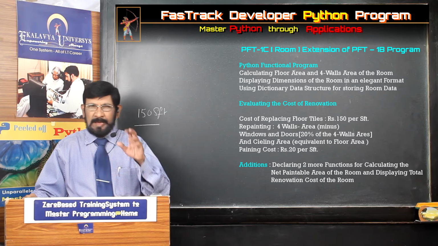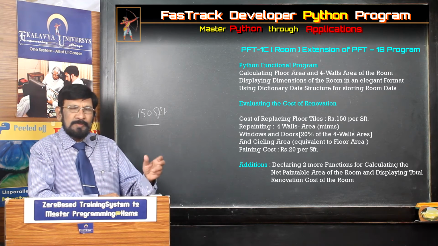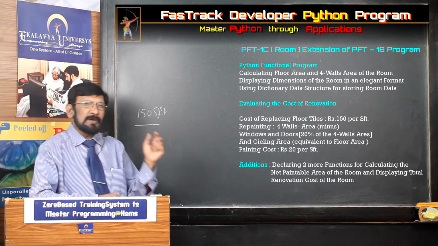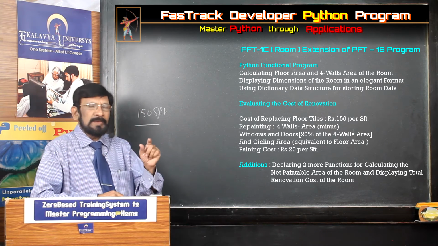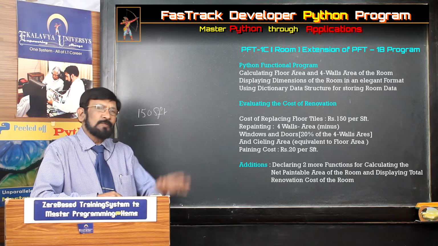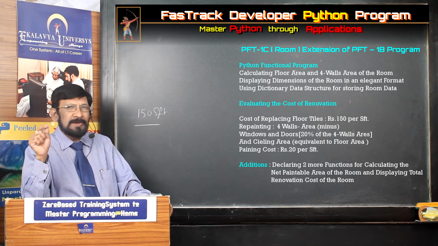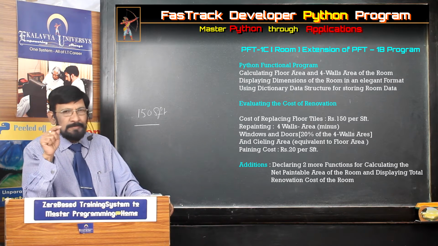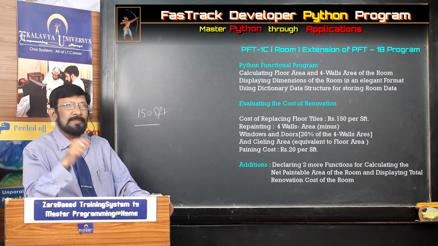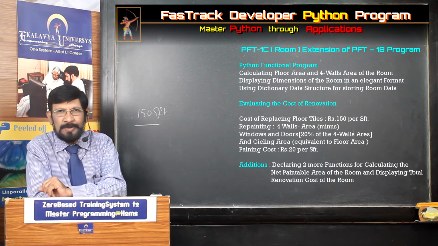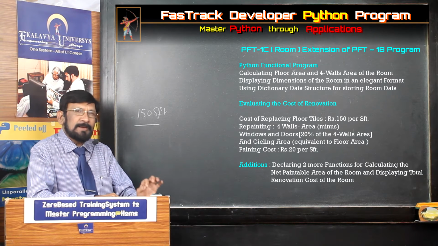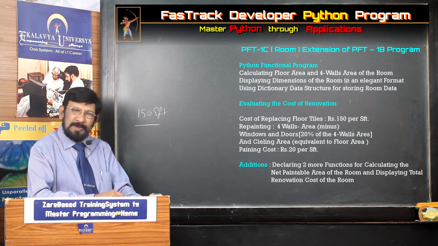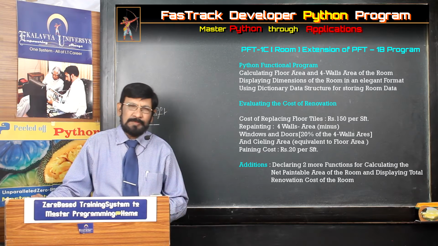For that, I don't want to give you a burden. 20% of the four walls area is the total area of the doors and windows of the room. Simple. That means 80% of the four walls area is the paintable area, and the ceiling area also you have to take. Then you get the total paintable area. What is the formula? For everything you develop the formula.